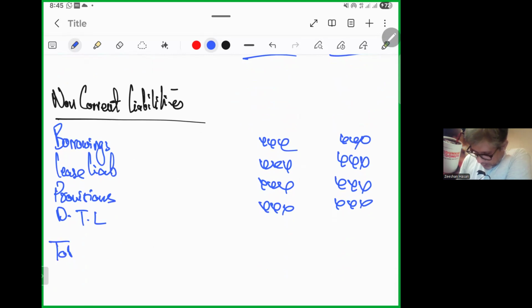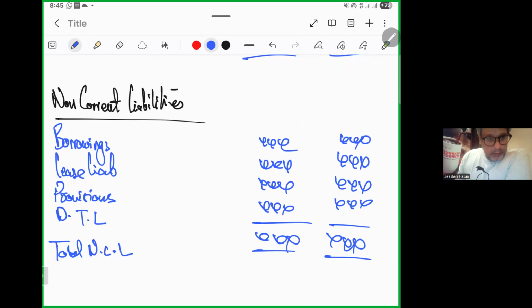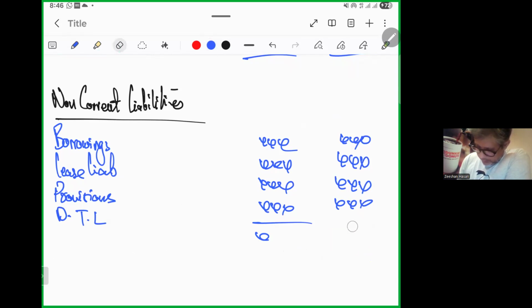Now we have total non-current liabilities.